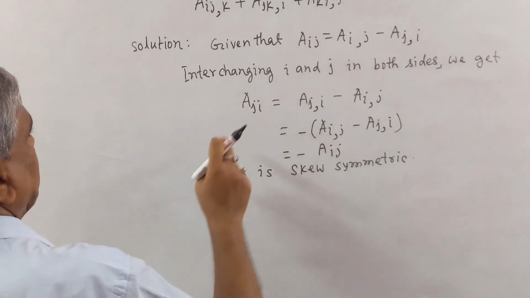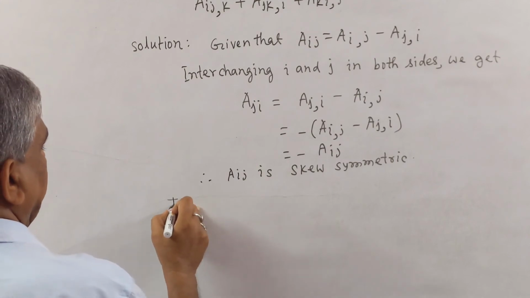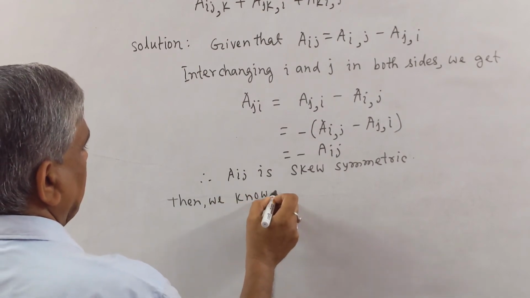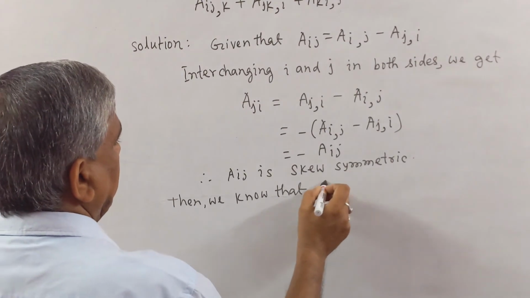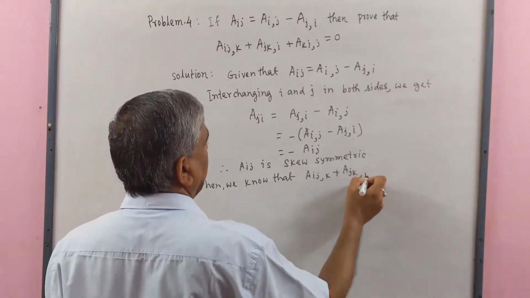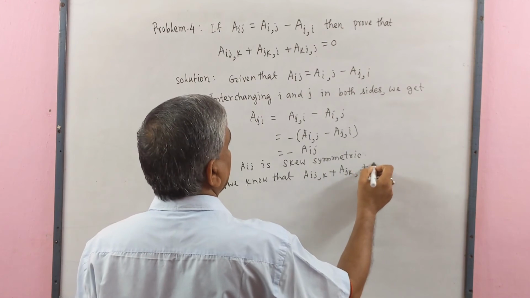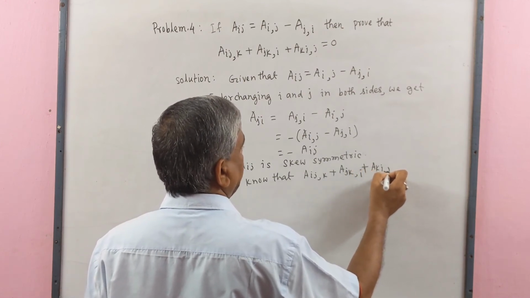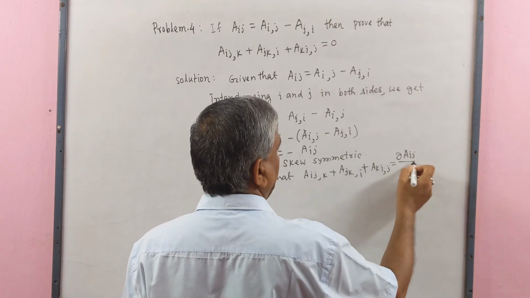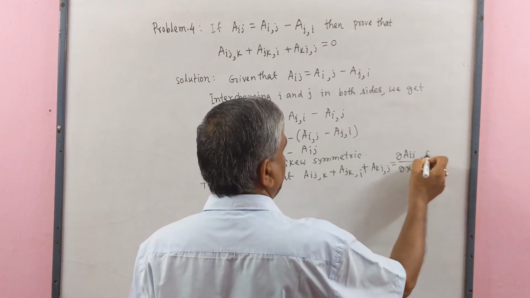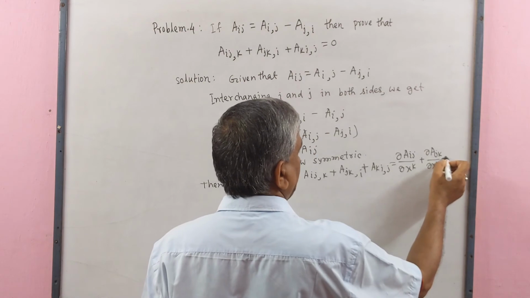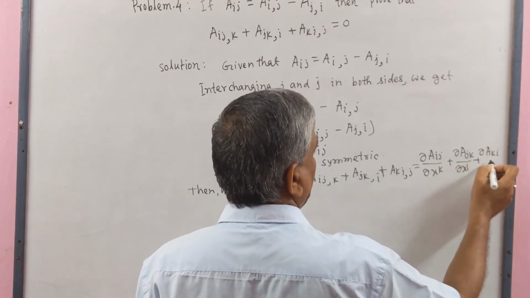As here minus sign. So a_{ij} is skew symmetric, then we know that a_{ij,k} plus a_{jk,i} plus a_{ki,j} equal to del a_{ij} by del x^k plus del a_{jk} by del x^i plus del a_{ki} by del x^j.